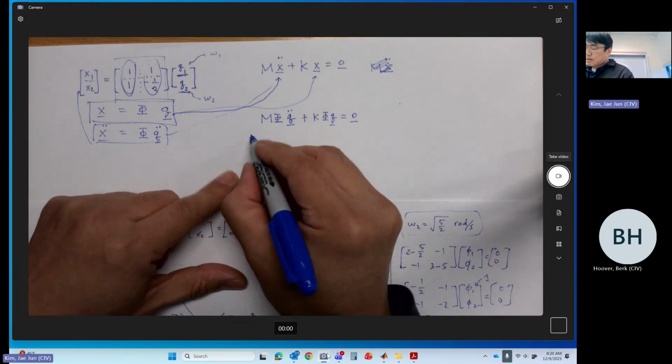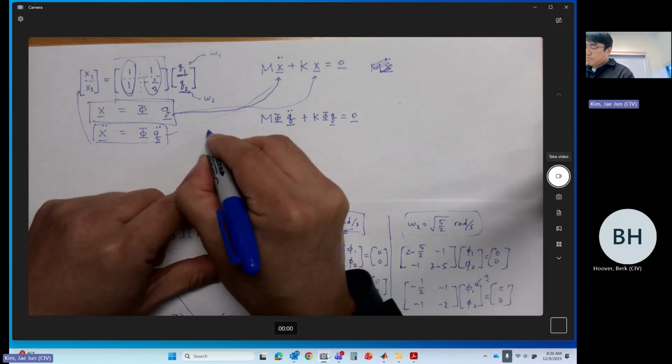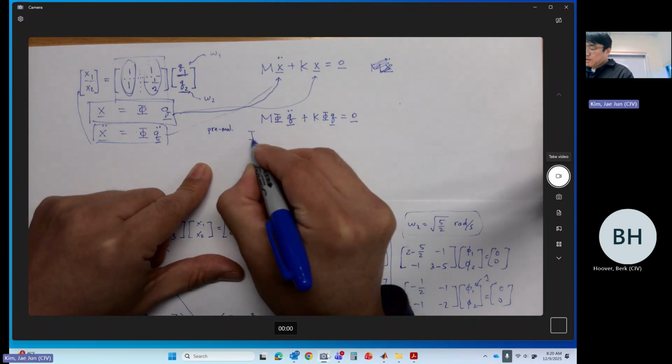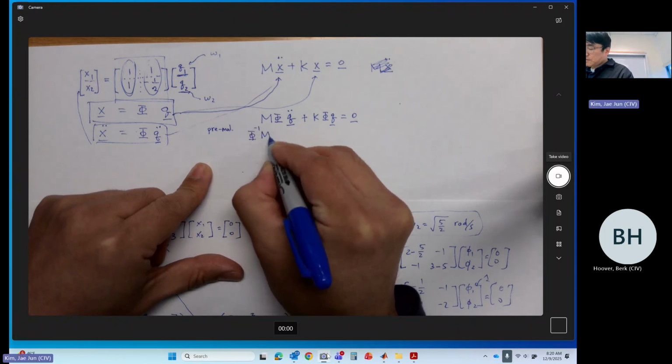And then remember that we pre-multiply P inverse.